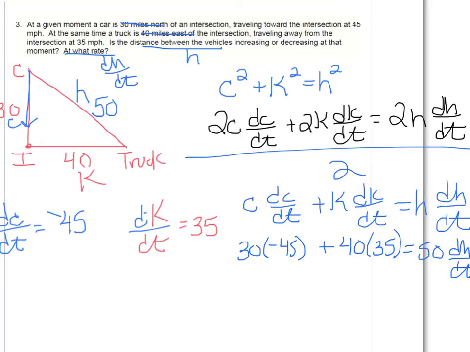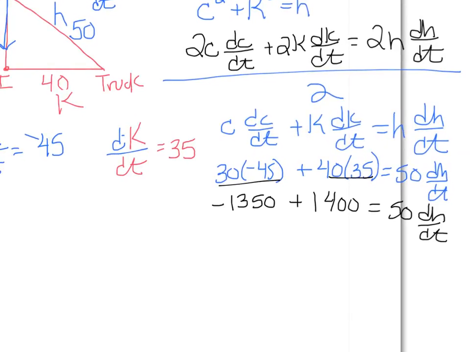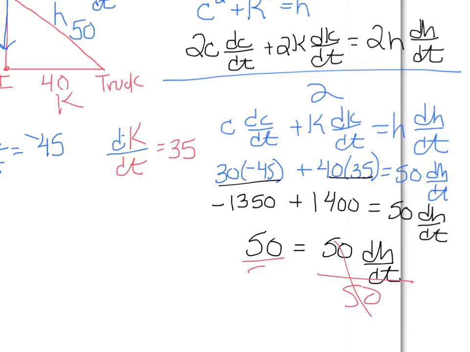So now, getting all my values, if I multiply these numbers, it's negative 1,350. Multiplying these, it's 1,400. And now we can add those together and get 50 on the left side of our equation. And we're going to divide by 50 to isolate our dh/dt.